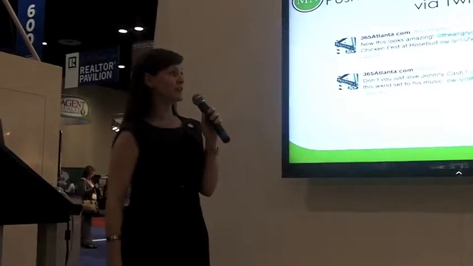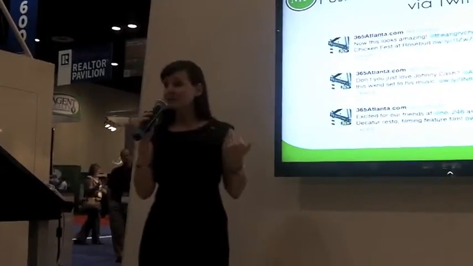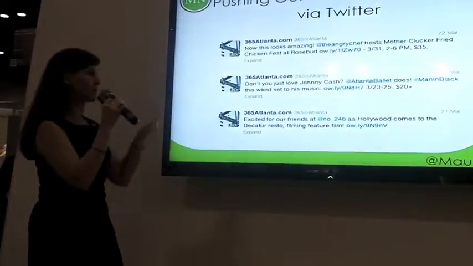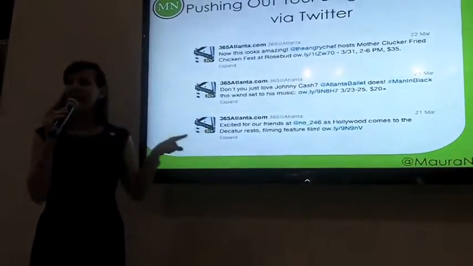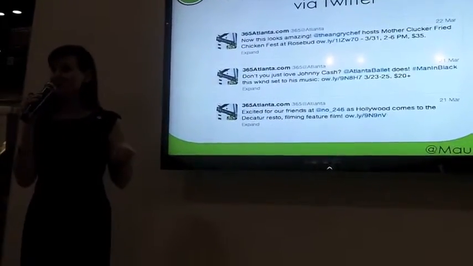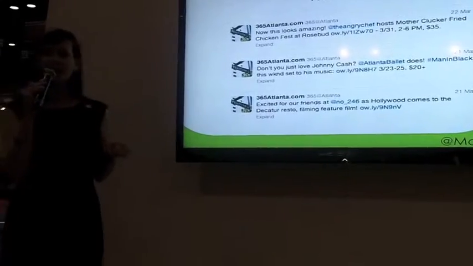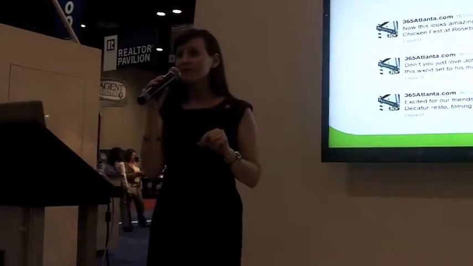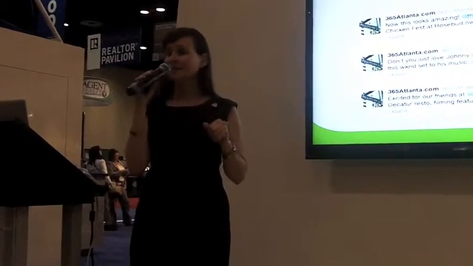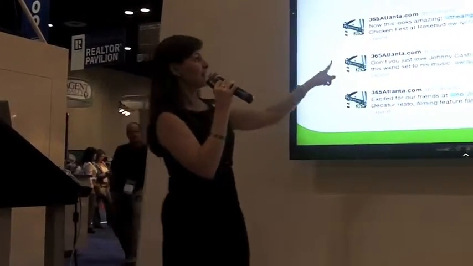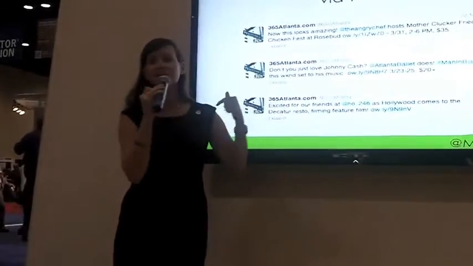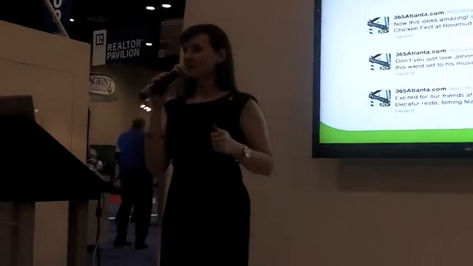Twitter. If you're on Twitter, you absolutely should be putting your posts out there. Again, you're limited to 140 characters, but you should be thinking about your teaser line. How are you getting people to click through? Don't let your blog auto-tweet out your link. Make sure that you take a couple of extra minutes, 60 seconds, 90 seconds, to construct a teaser that makes me want to click through as the consumer.